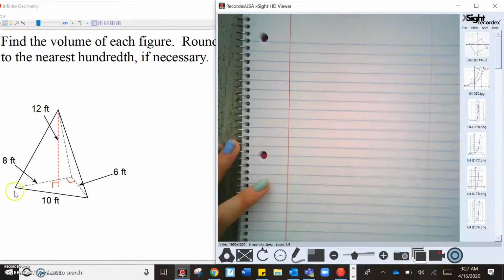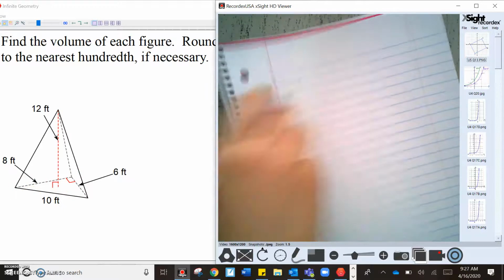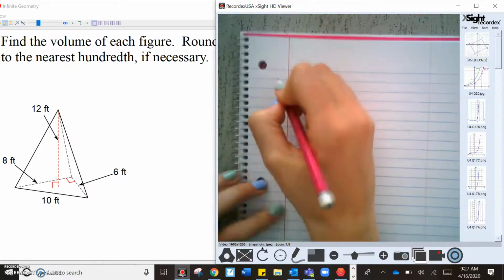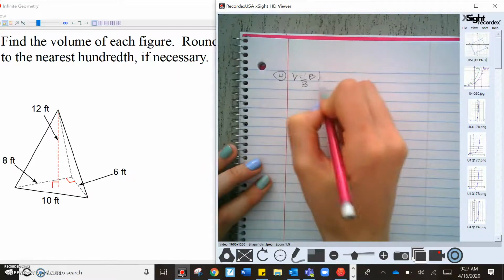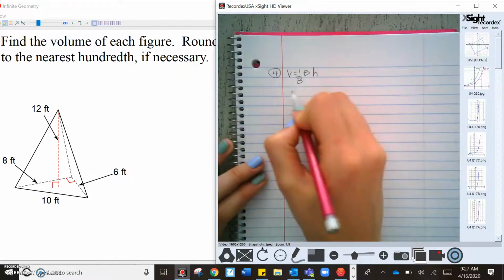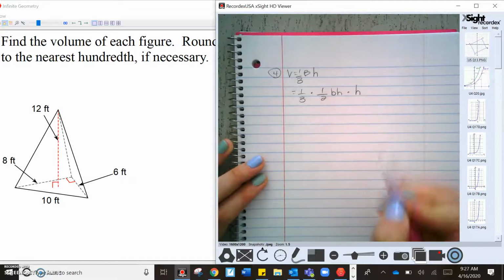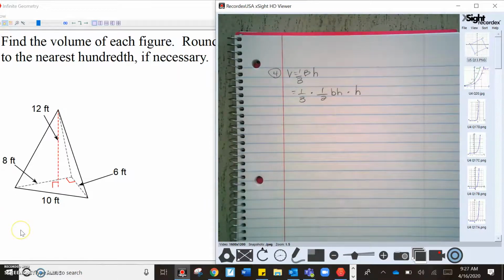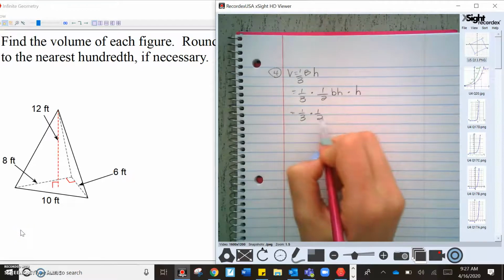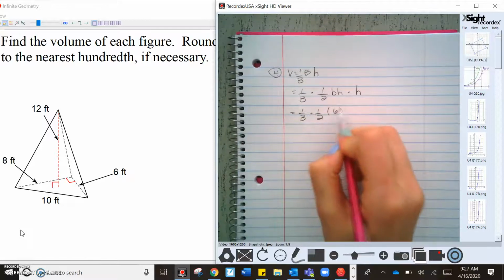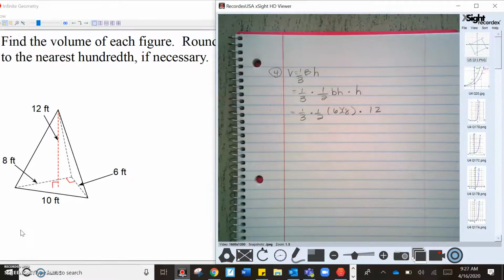This is going to be a triangular pyramid. This is the fourth example. So if we're dealing with a pyramid, we still have that 1/3 the area of the base times the height. So 1/3, the area of my base is a triangle times the height of my pyramid. So very similar to the triangle when we did the one with the prism. 1/2, the base of my triangle is 6, the height is 8, and the height of my pyramid is 12.